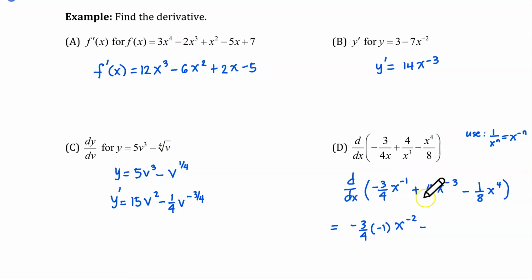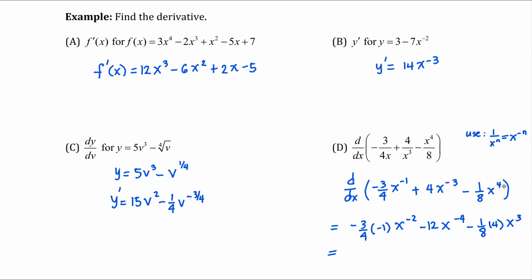And then you have positive 4 times negative 3 is negative 12. And then x to the negative 3 minus 1 is negative 4. And then 1/8, copy 1/8. Multiply that by 4, the power here, times x to the 3. So 4 minus 1 is 3.